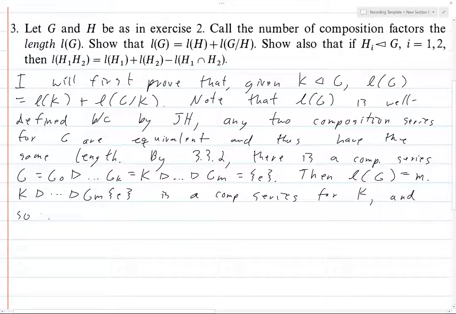And so what is the length of k? The length of k is going to be how many of these things we have. And so what we have is k, remember k is equal to g sub k, lowercase k, but whatever. So let's see here.